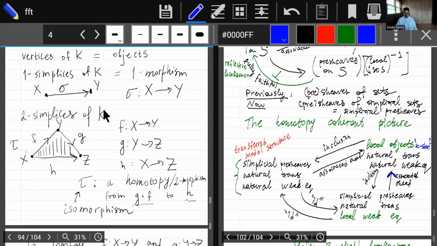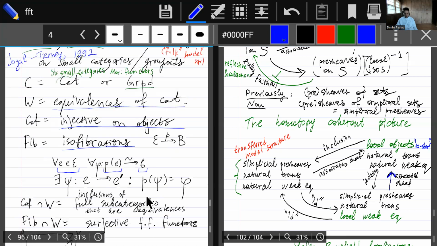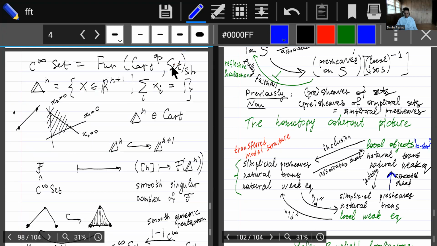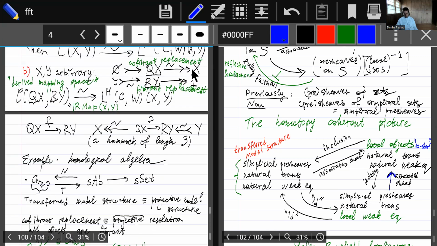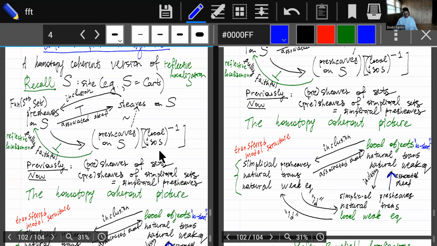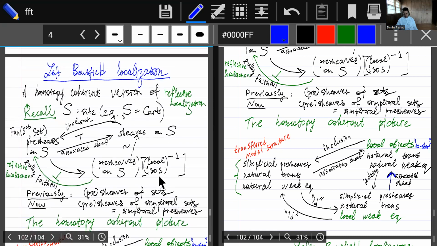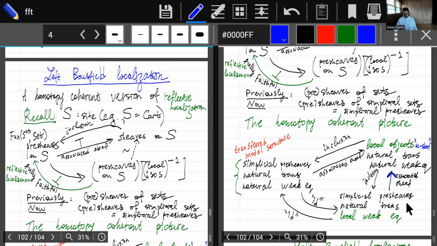Maybe I should pull the diagram on the left. So this functor is the analog of this dashed functor here.